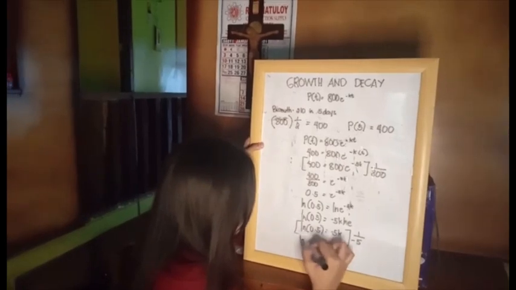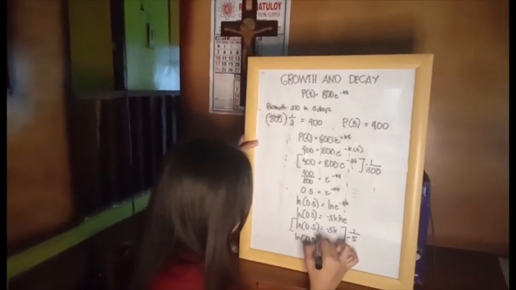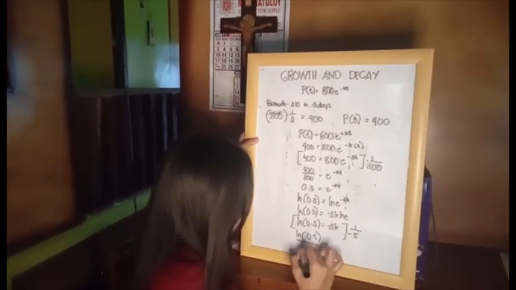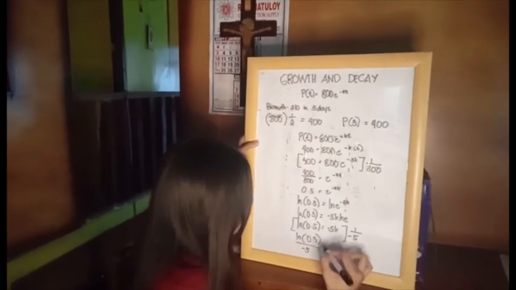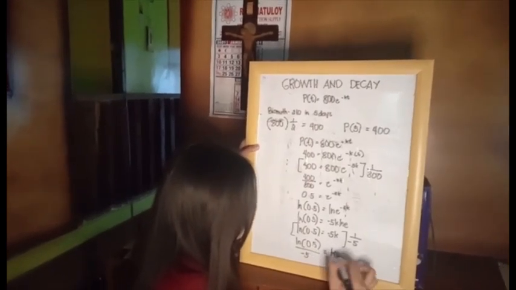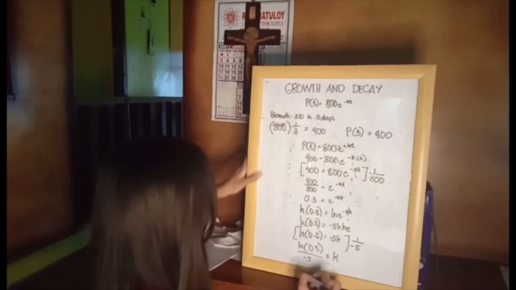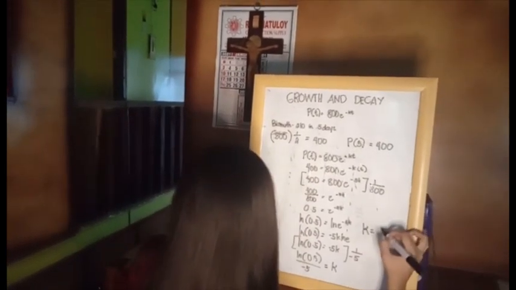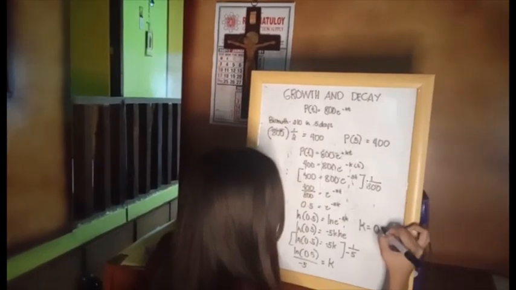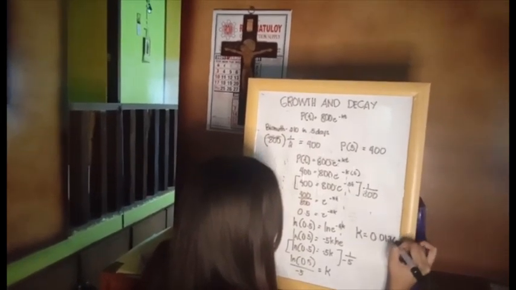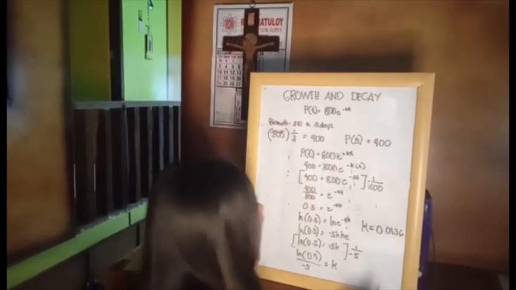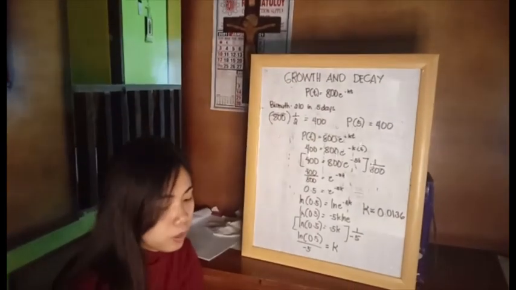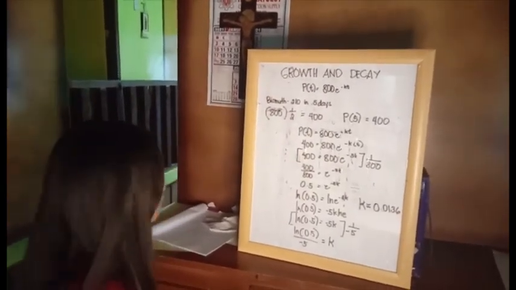So ln 0.5 over negative 5 equals k. And we can get the value of k is equal to 0.0136. So this will be our value of k that we can use to solve for t.